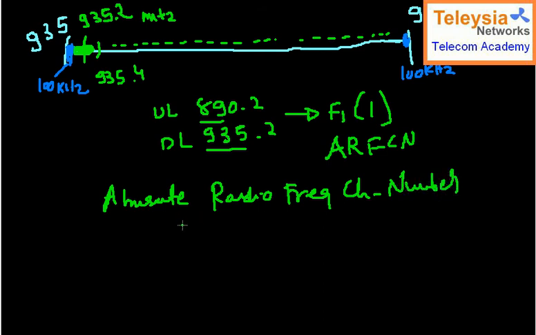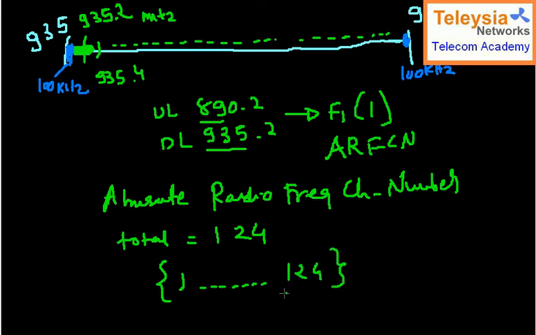Now you know that the total frequency in 900 is 124, so you can give a number from 1 up to 124. So you can see the total usable frequencies in the 900 is 124.